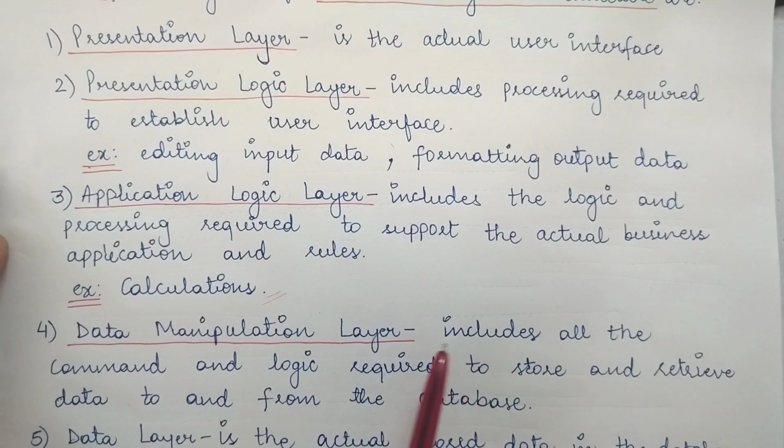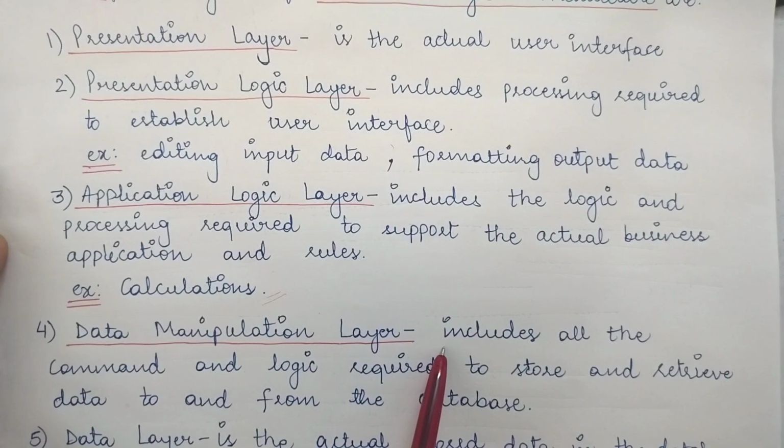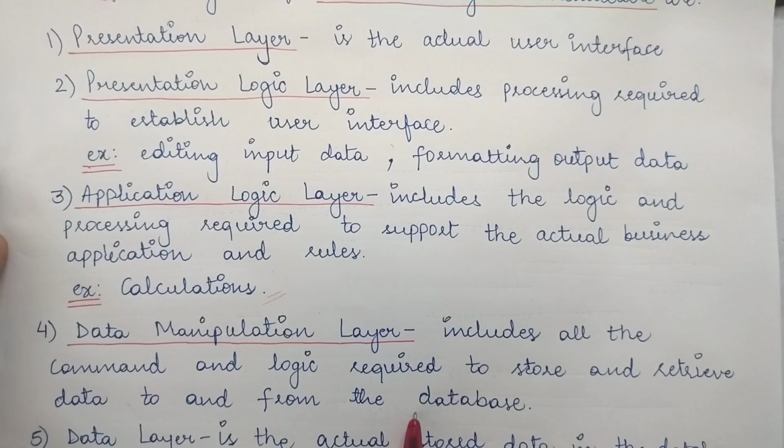Also, when you need to feed some information into the system, you need some mechanism of putting it into the system. The place from where the data is accessed and stored is known as the database. So you need some mechanism to store data into the database and fetch data from the database. This is provided by the data manipulation layer.